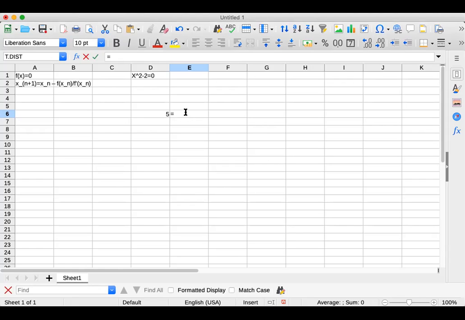So here is the formula. You have D6 minus D6 squared minus 2, that is f of D6, over 2 times D6, which is the derivative of the function x squared minus 2.